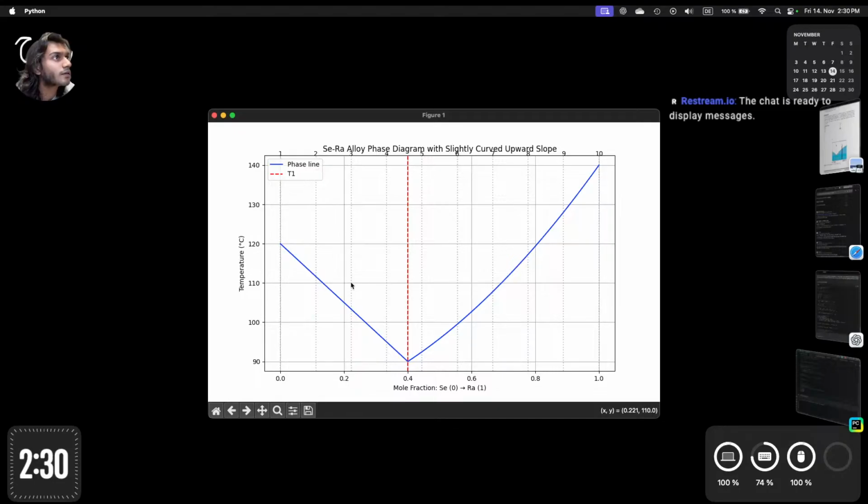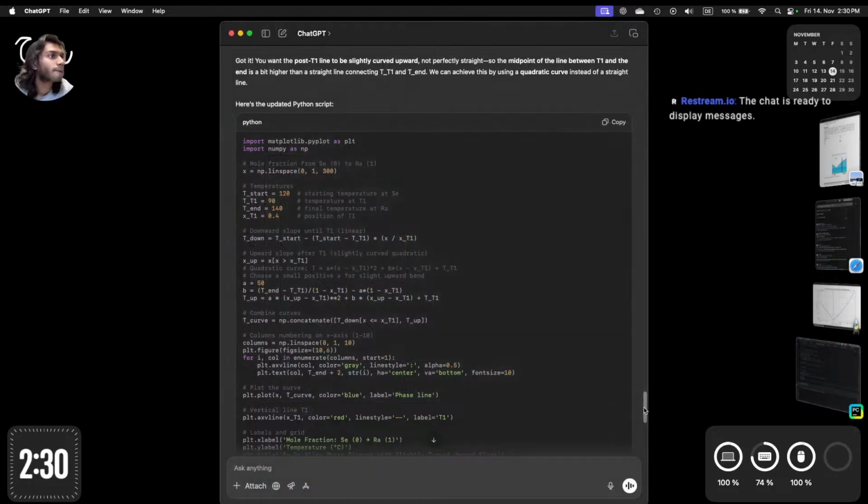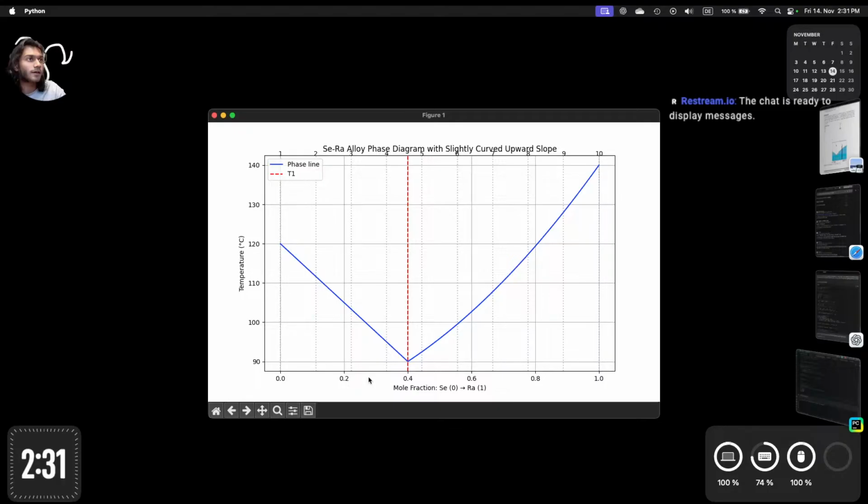$110 and the first descent should be passing through $110 and 0.2.